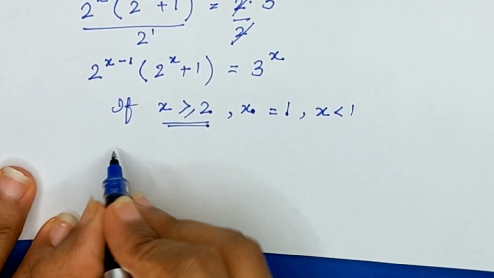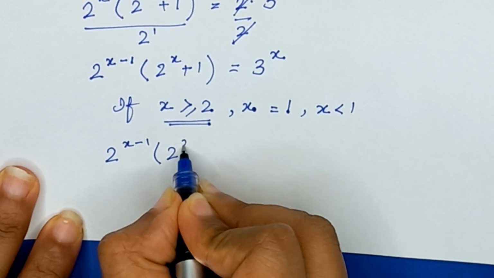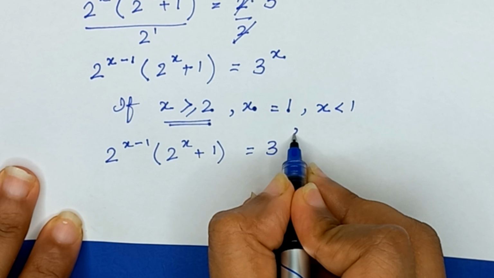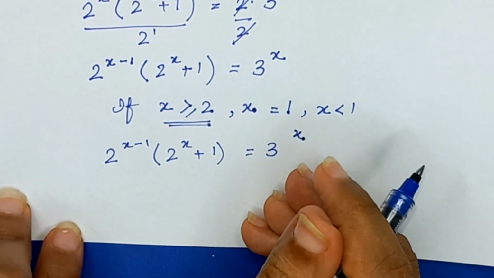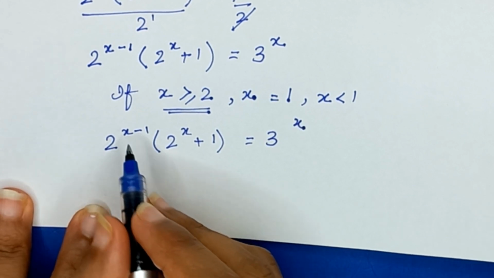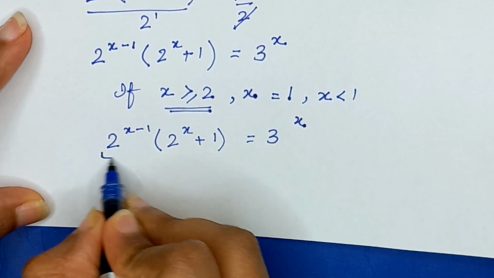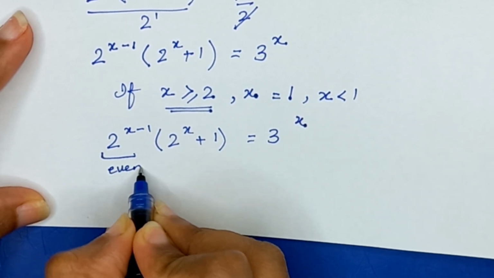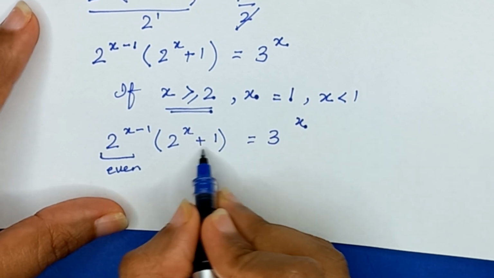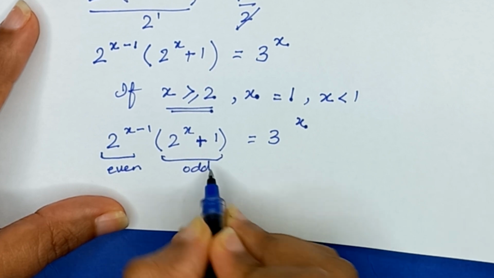So here I have 2 raised to the power x minus 1 times 2 raised to the power x plus 1, and it is equal to 3 raised to the power x. If I substitute here 2, it will become an even number. And if I substitute any number for x, plus 1, it will become odd.